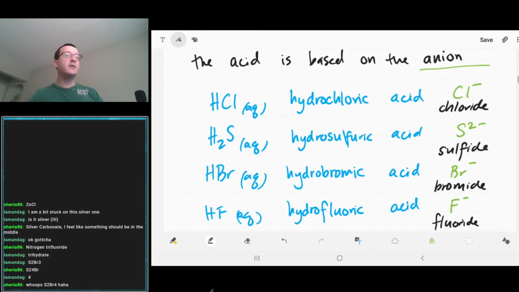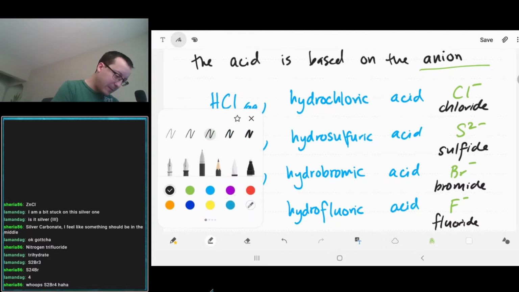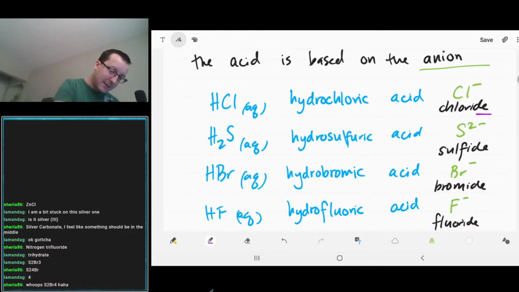We see that all of these anions end with "ide." And we notice we also have some things that are similar about these acid names, right? We all see they all start with hydro, and they all end with ic acid.